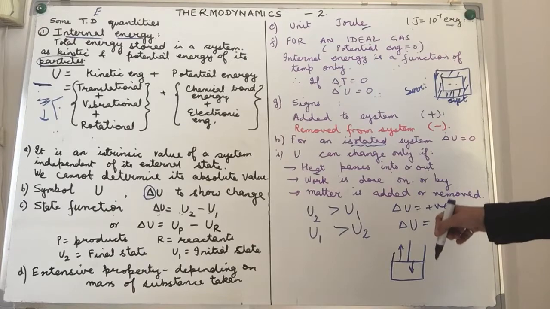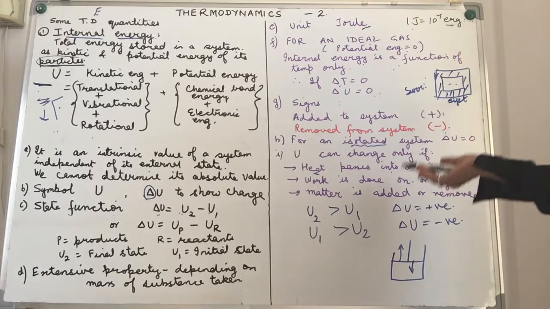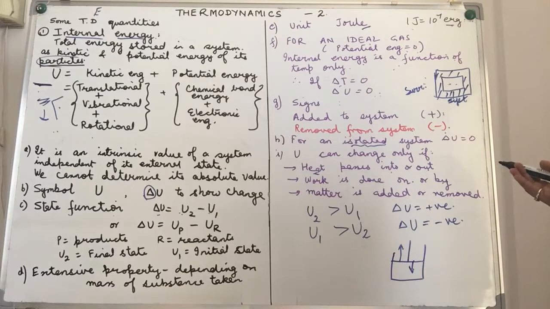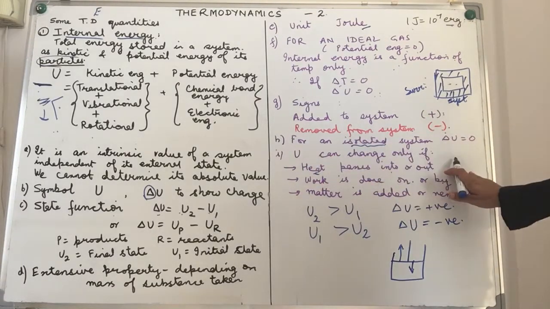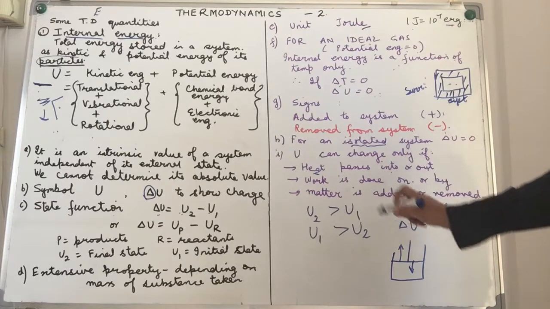It's positive. Internal energy increases. When work is being done by the system, that means the gas is expanding. Then internal energy decreases, provided we are not considering the heat over here, because later on when you study, we shall see that heat also has a role to play.